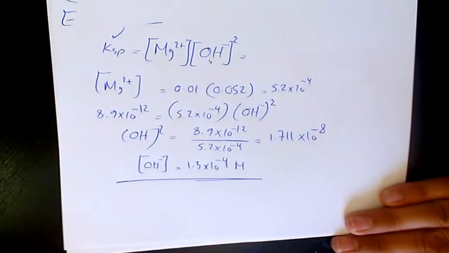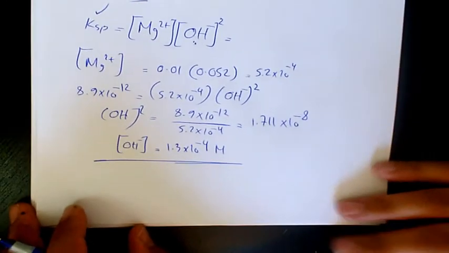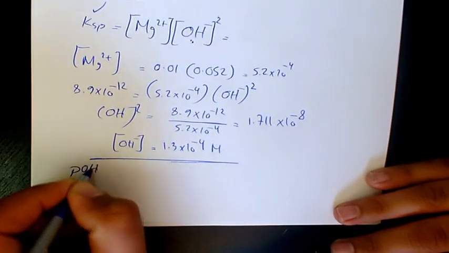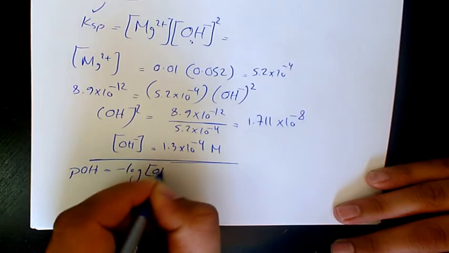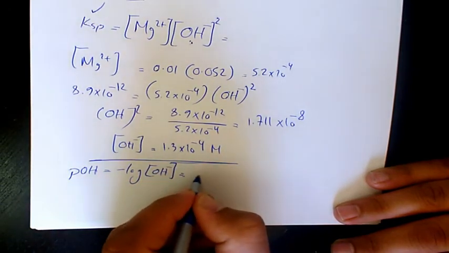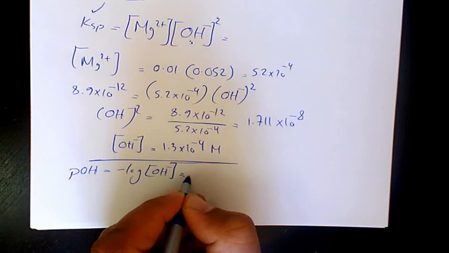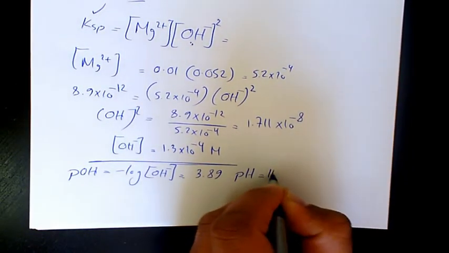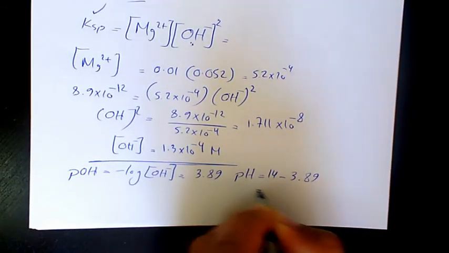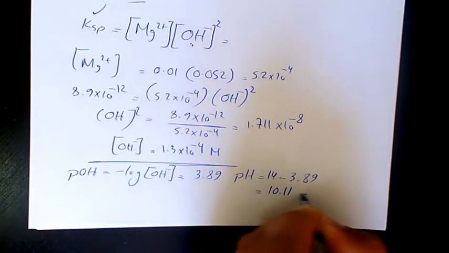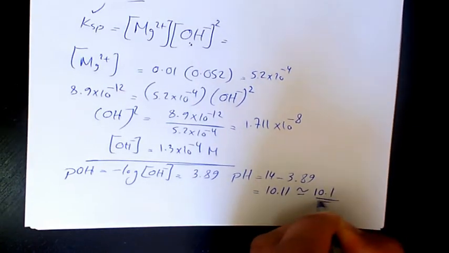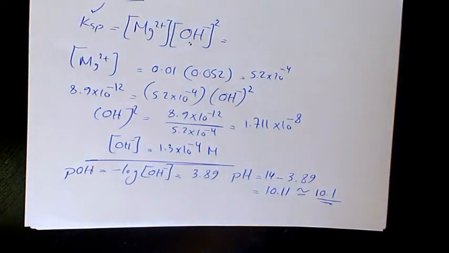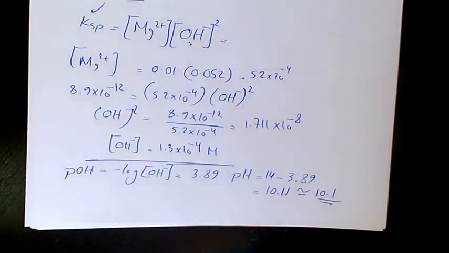Now based on that we can find pOH and pH. So pOH is going to be negative log of the OH concentration. That will be 3.89. So pH will be 14 minus 3.89, which is 10.12, or let's round it to 10.1. So at pH 10.1, 99% of Mg in seawater will be removed as magnesium hydroxide. This is the final answer.